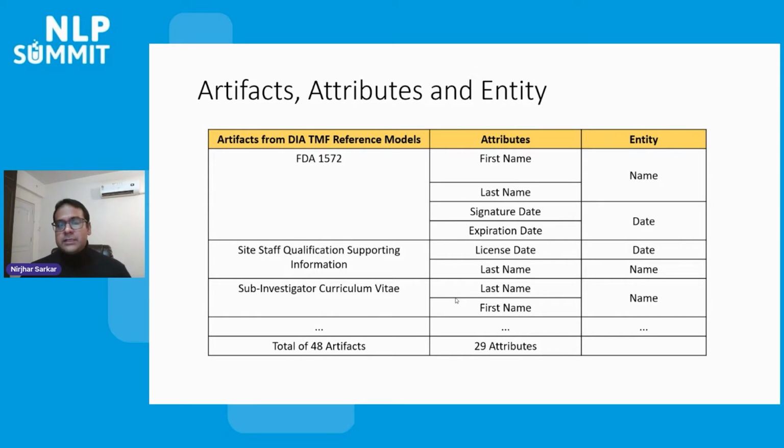The first name, last name are then grouped as entity. And as you see, it's basically the person name entity. The signature date and expiration date is basically the date entity. So we have about 29 attributes that we are supposed to extract in this process.